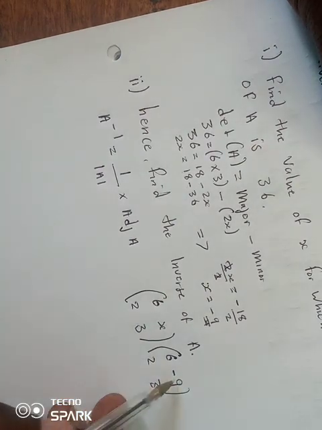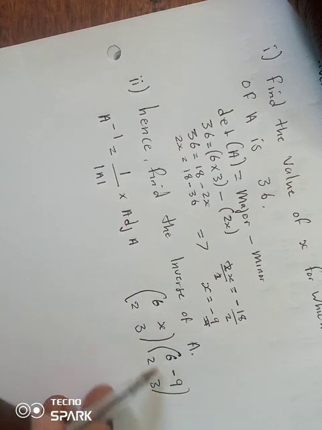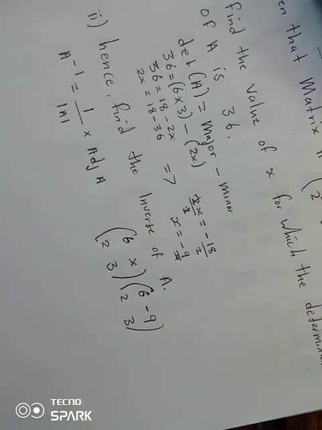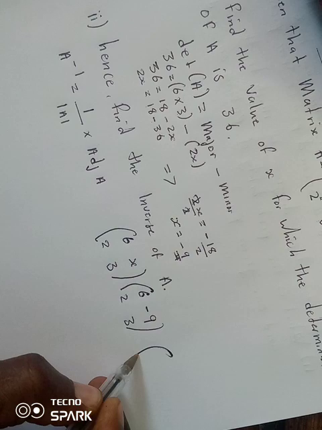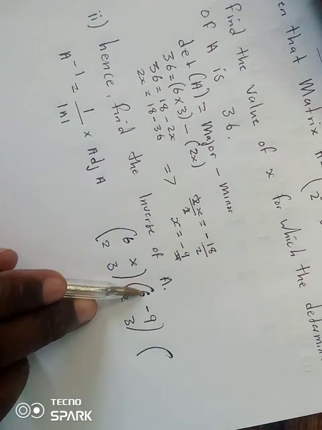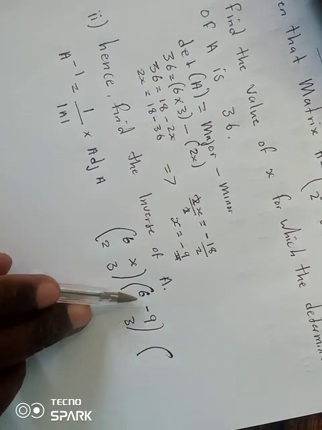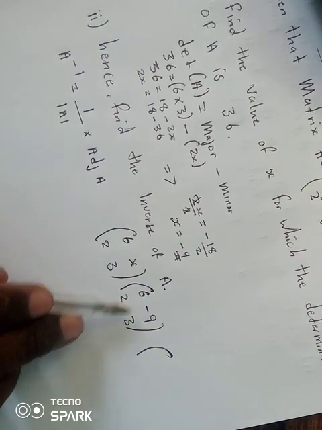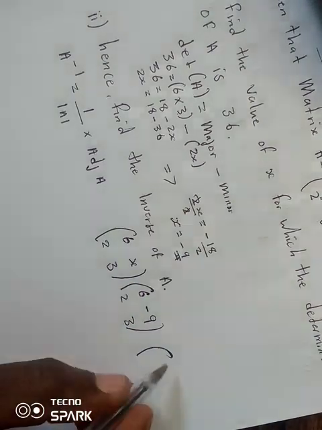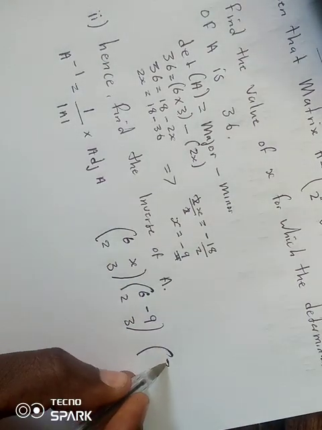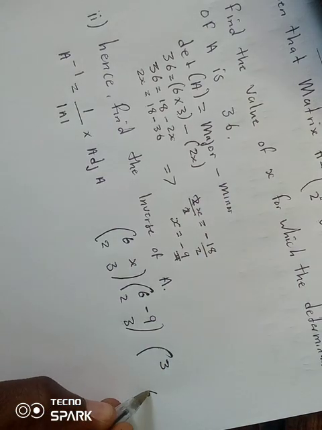Now the adjoint of A will be: in the major diagonal, the numbers interchange, so we have 3, 6.